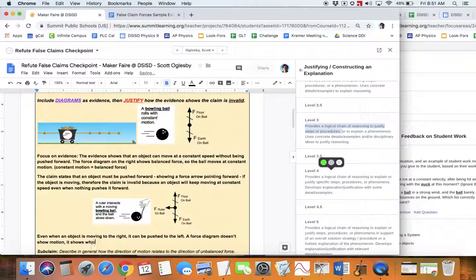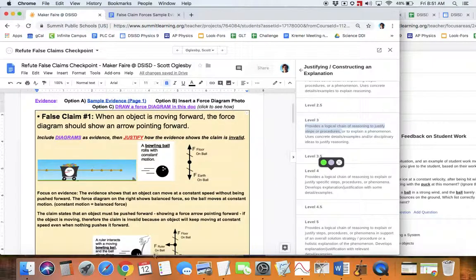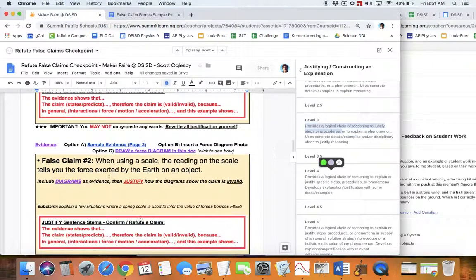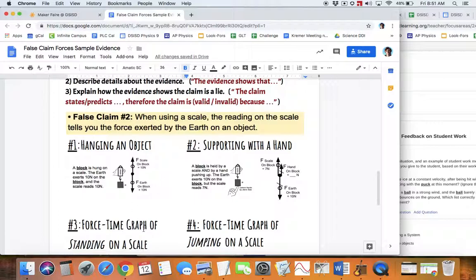It shows which way an object is pushed or pulled. This is starting to be a level 4 answer now. So I'm going to go ahead and stop. Notice that there are other claims here that you can use to refute, and there's some other evidence on this sample evidence page to help you.